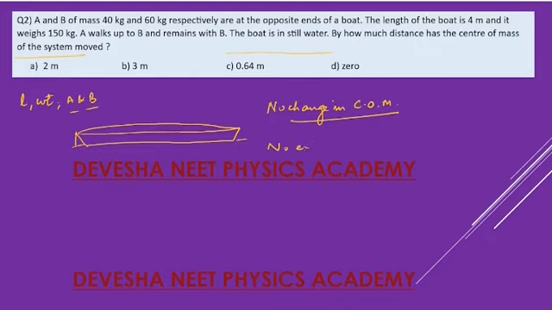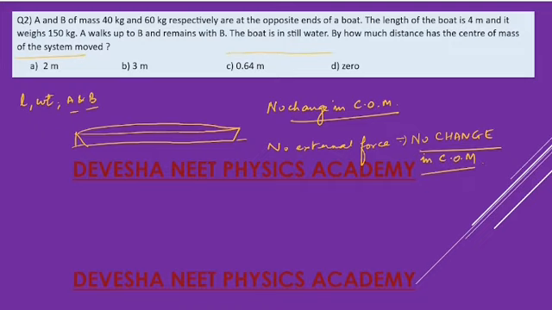Since there is no external force, it means no change in center of mass. Okay, so no change in this, right?